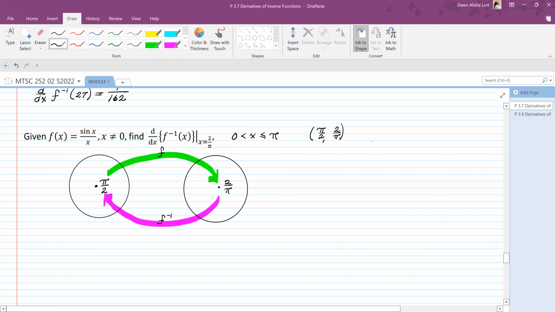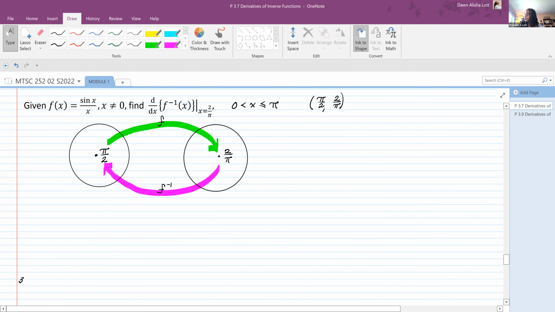Okay, so now what we're asking for is the derivative of f inverse evaluated at 2 over pi. That's what we're looking for.